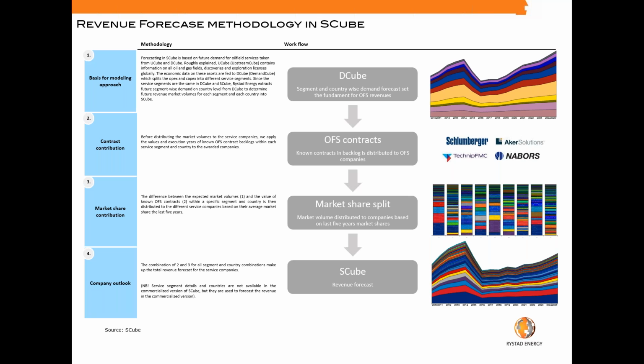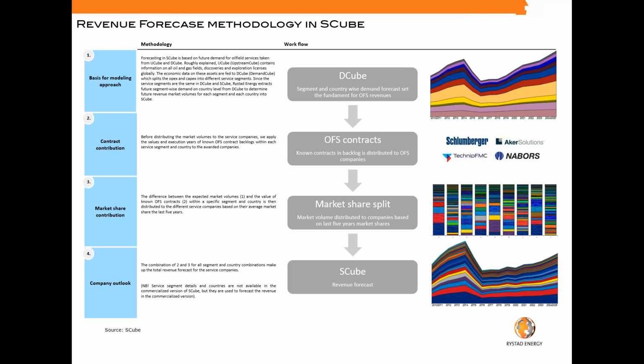And since the oilfield service segments are the same in both DCube and SCube, we can then extract the future segment-wise demand on country level from DCube in order to determine the future revenue market volumes for each segment and each country into SCube.